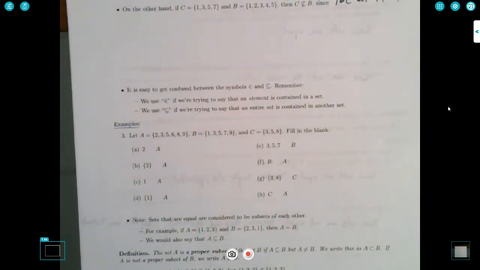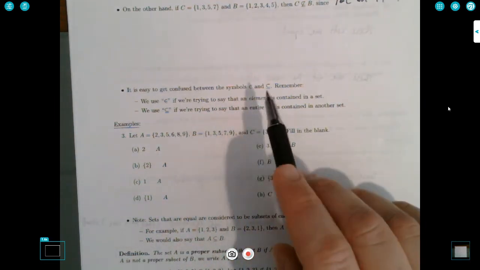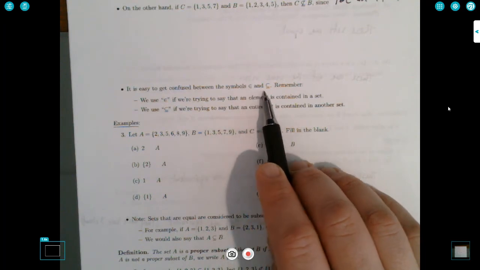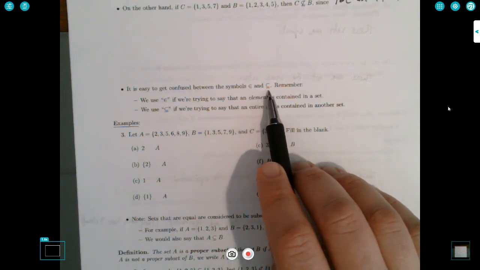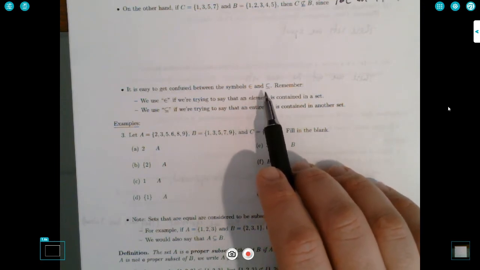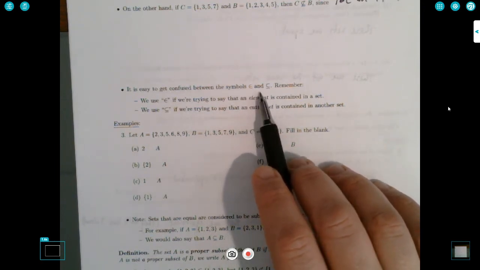Okay. So at this point, we're throwing around these symbols. We introduced the element symbol in the previous section, and now we've just introduced the subset symbol. It's easy to get confused between those two, but try to commit this to memory.